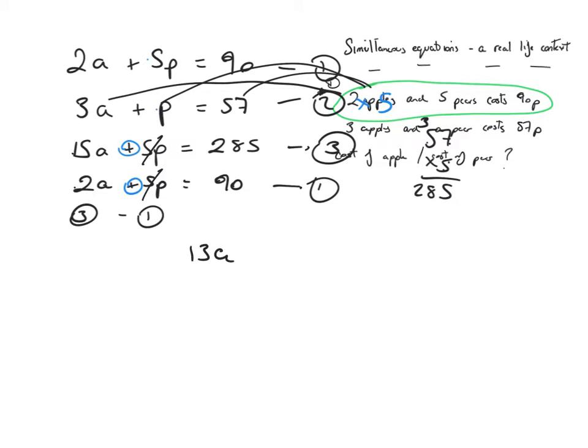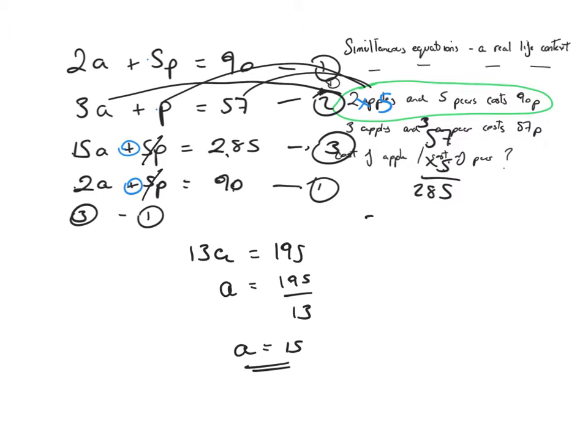The p's will cancel out. 285 take away 90, and that's going to be 195. We're now going to bring the 13 down and divide, and that will be a equals 195 divided by 13, and that will give me 15.